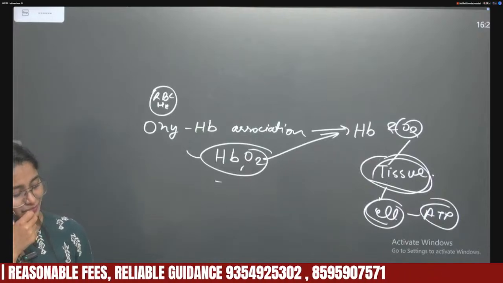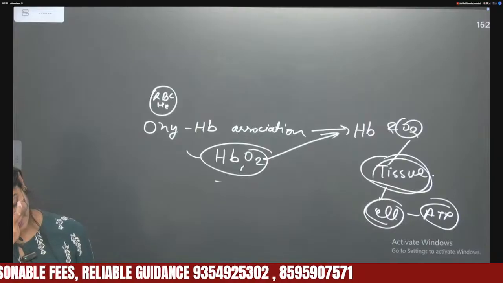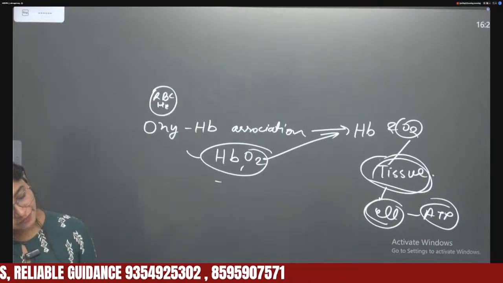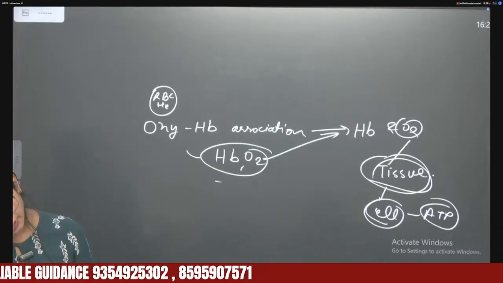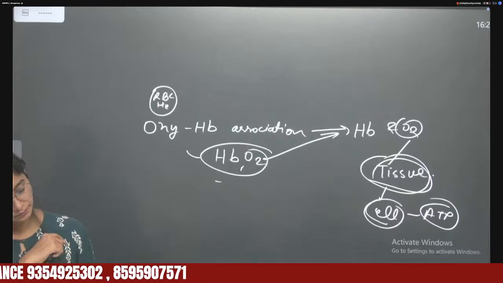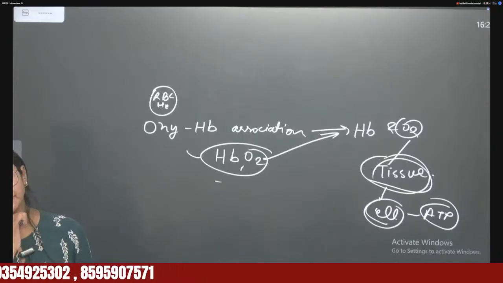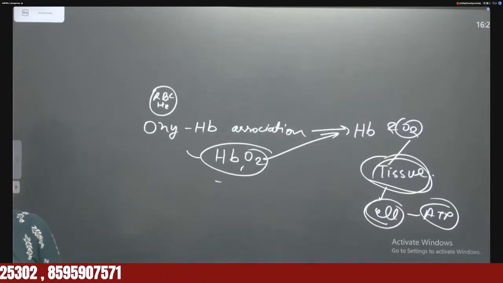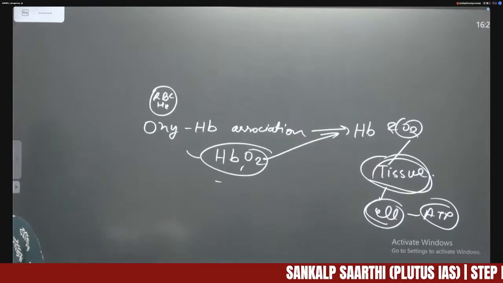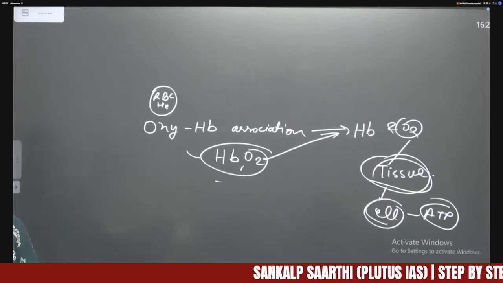Lowering the pH causes the oxygen affinity of the hemoglobin to decrease, and the curve shifts to the right.